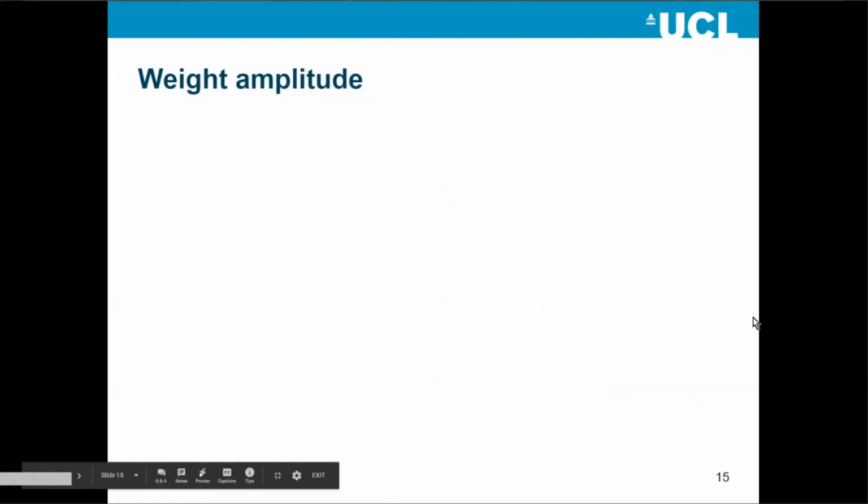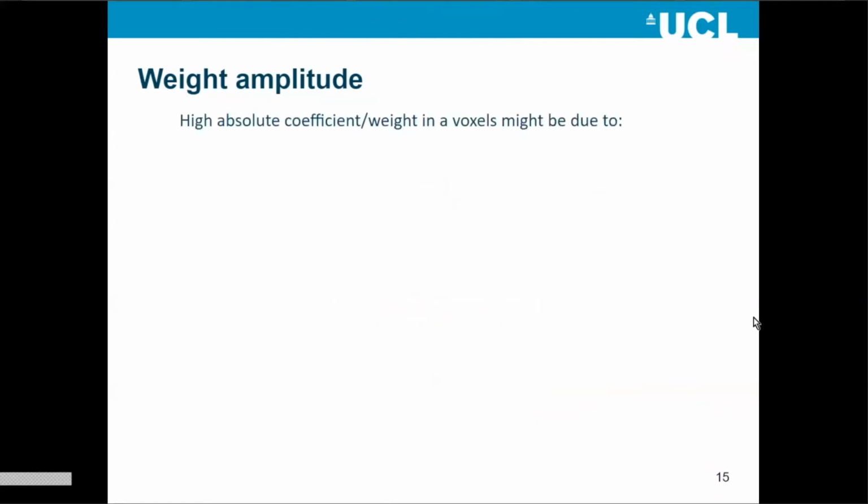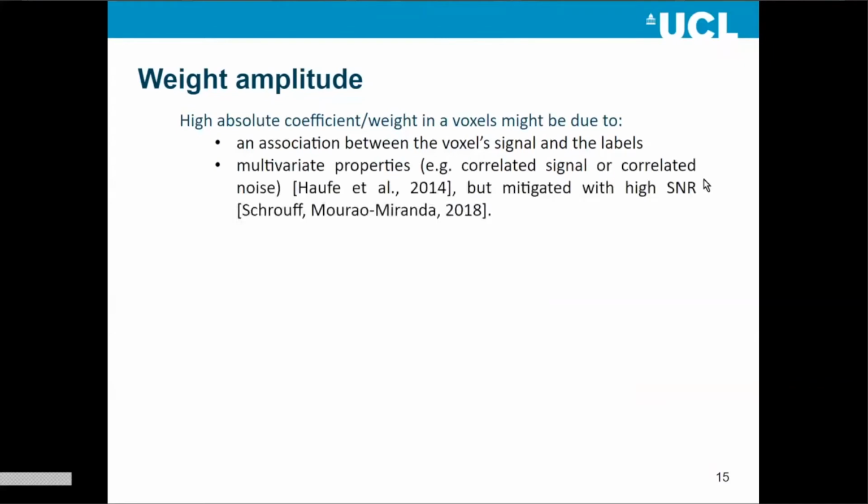So to conclude on weight amplitude, you might have a high weight in a voxel due to an association between the voxel signal and the labels, which is the ideal situation, but also because of multivariate properties, such as correlated noise or signal. You can mitigate this by having a high signal-to-noise ratio, but not in all cases.